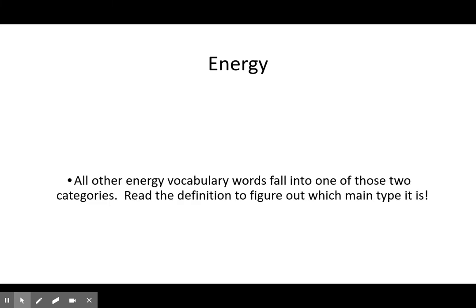All of the other vocabulary words that are on your page are going to fall under one of those two main categories. So if you look at thermal energy or chemical energy or nuclear energy or electrical energy, any of the energy vocabulary words, all of those are types of potential or types of kinetic.